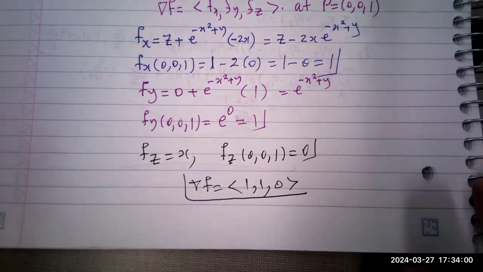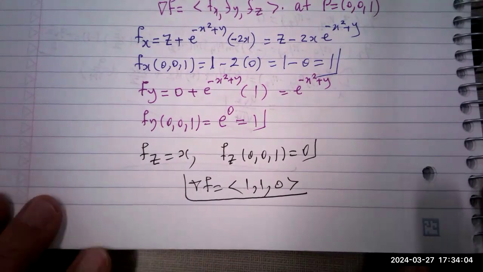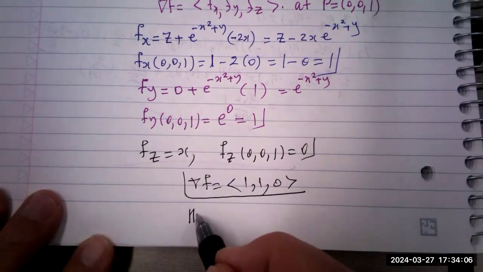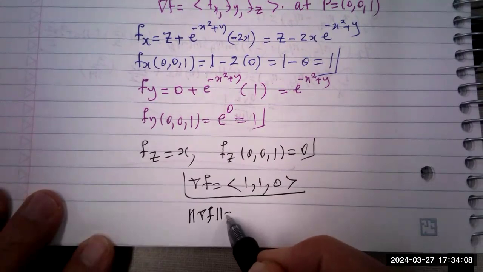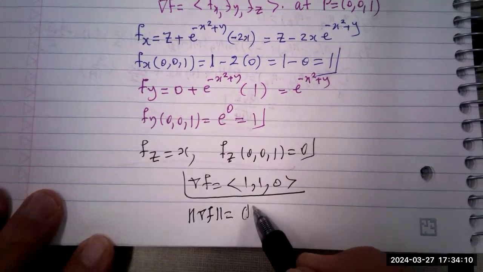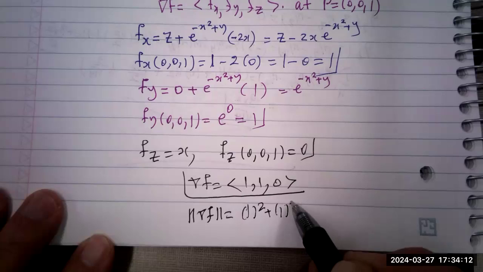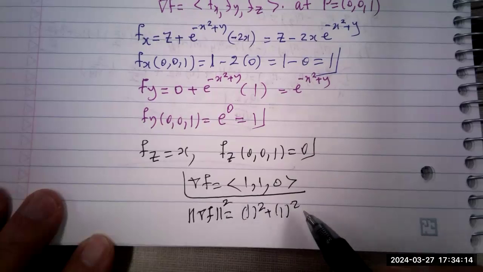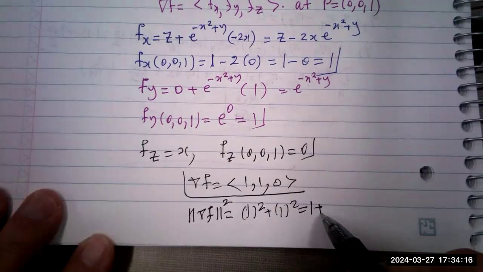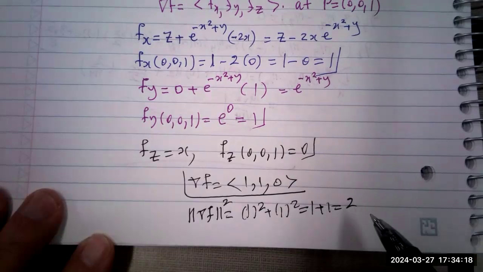That is going to be the direction. But they ask for the unit vector, so you have to normalize it. You find the norm of the gradient, which is going to be 1 squared plus 1 squared. Of course, the 0 is not squared here. That gives you 1 plus 1, which is 2.